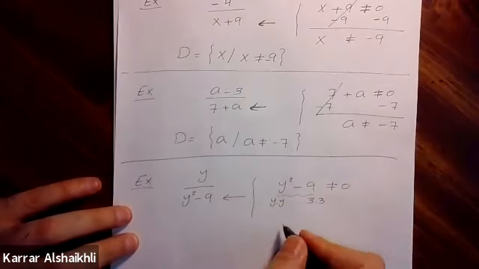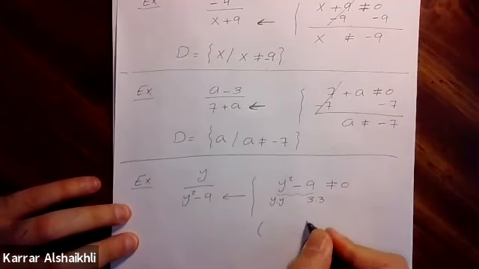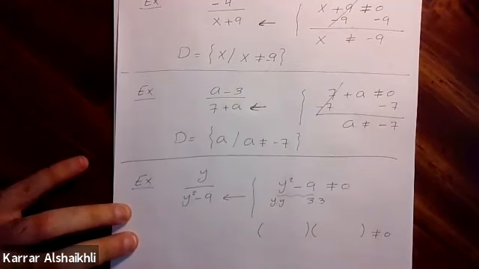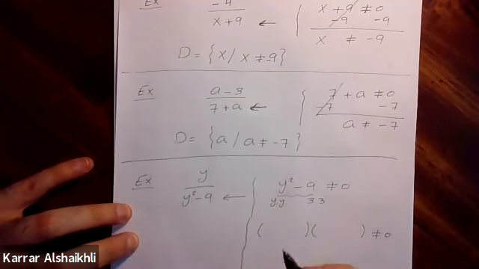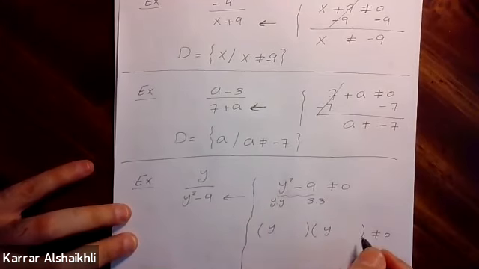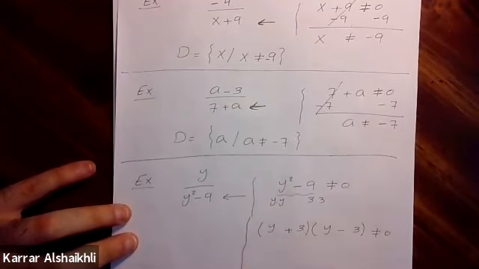So check what I'm going to do. I'm going to open two parentheses, not equal to 0. I'm going to put one y here, one y here, one 3 here, one 3 here, plus and minus.